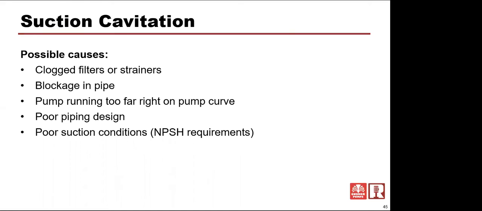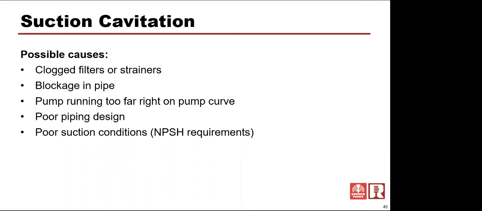So that's why you want a nice laminar flow coming into this pump. That's why you want 5 times the pump diameter of straight pipe, why you don't want an elbow close to it, because you can cause cavitation just by the disturbance of that flow. Again, it's turbulence. It's an area of low pressure that's causing this to happen.